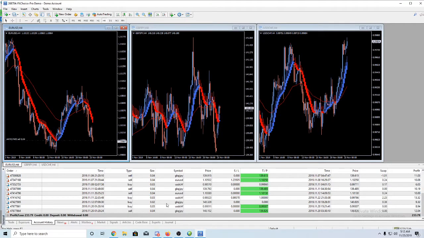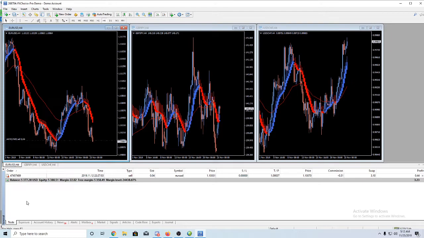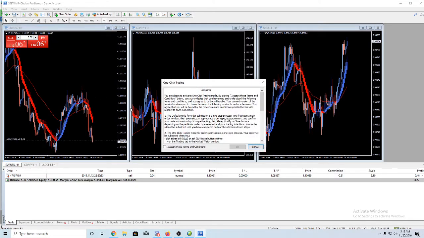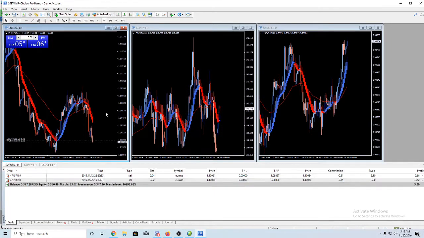So let's go ahead and do that. On this particular account, 0.04 is my typical lot size. So if I go in here and say I'm going to use half a unit right now, 0.02. There we go. Sell that. Oh, I gotta do one click. Try this again. And now let's go to our target on this thing.